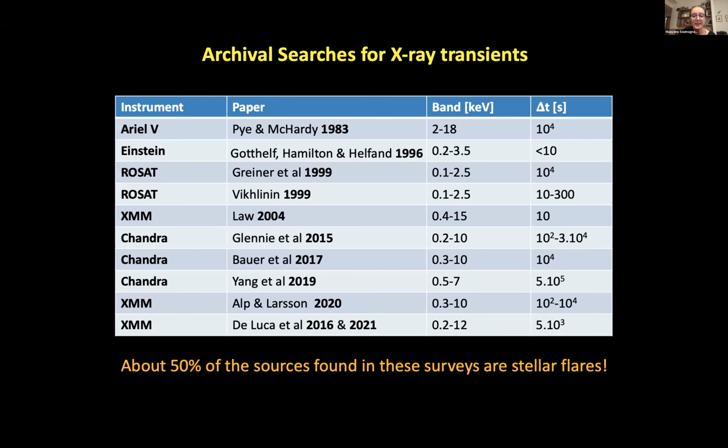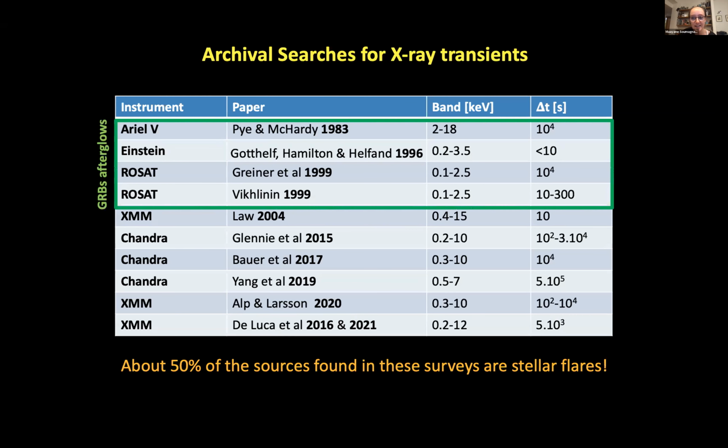And interestingly, about half of all the sources found by these archival surveys were stellar flares. But although a lot remains to be understood about these phenomena, this was not what the authors were looking for.